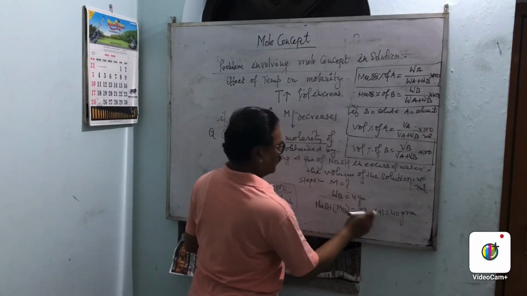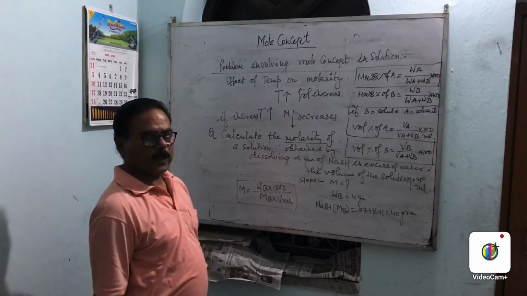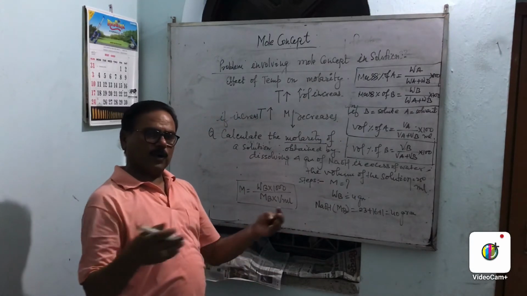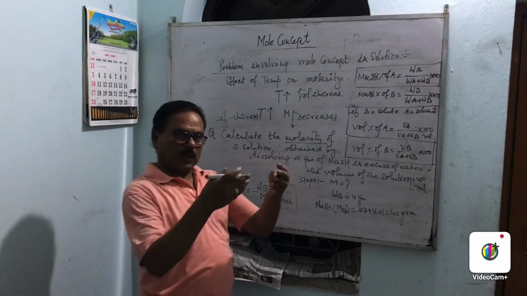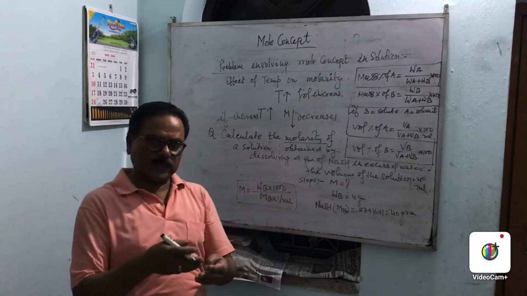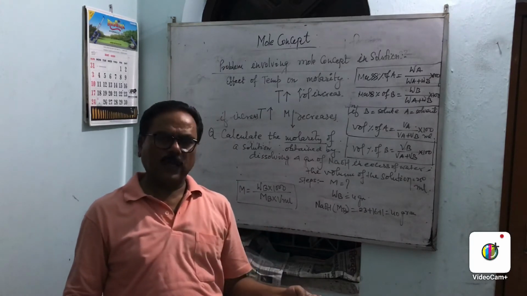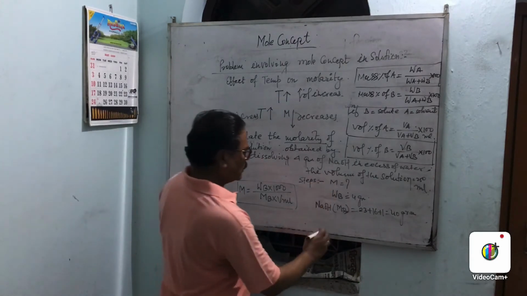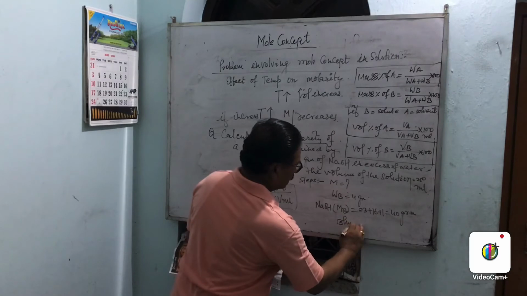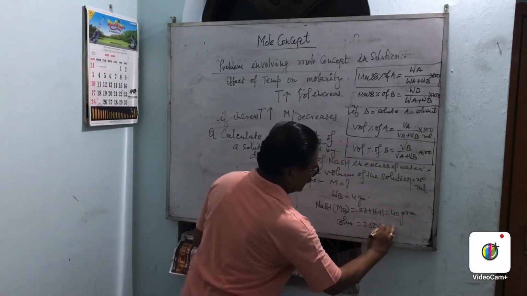When NaOH is put into the water, the solution will form, and this solution will have a volume of 250 milliliter.